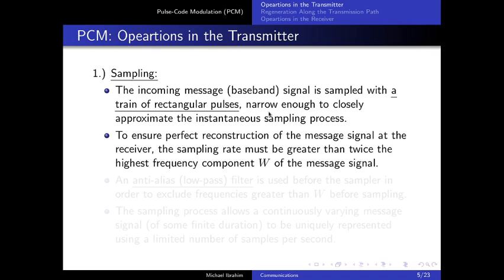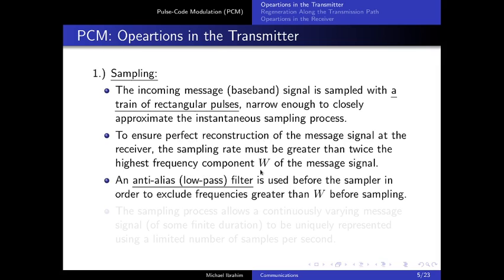And again, we have to follow the sampling theory, which says that the sampling frequency Fs must be larger than twice the highest frequency component of the message, or W, the message bandwidth. So in order to ensure a perfect reconstruction of the message, Fs has to be larger than 2W. And of course, as we have said before, we need to use an anti-aliasing filter in case the message is not strictly band limited, which is the case for most messages.